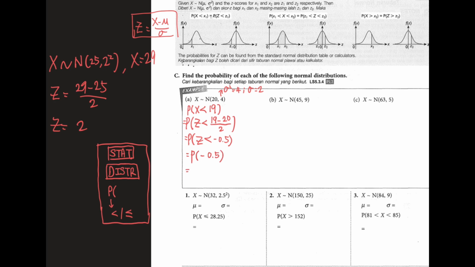Then you press equal. The calculator will calculate the area under the graph, and you will get 0.30854.